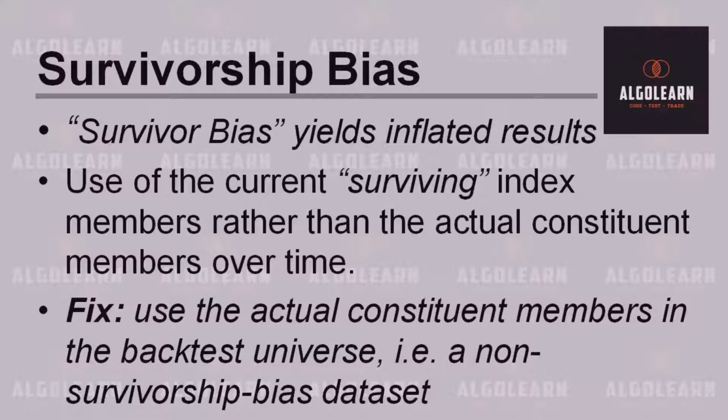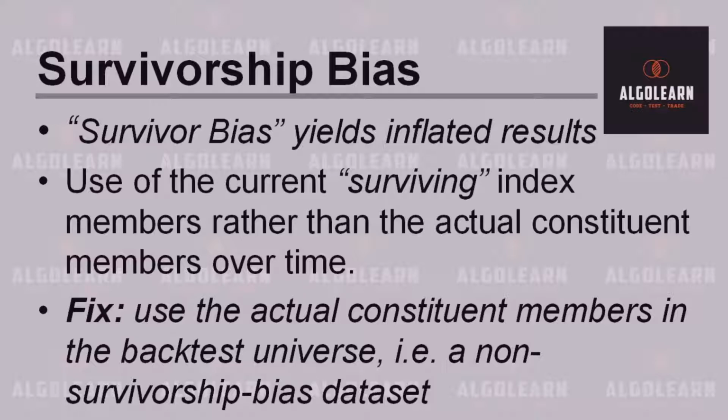If I were to go back and run our algorithm and backtest it back to 2008, which we've done in several of the sessions, you'll see that in one of the sessions we looked at the 200-day moving average to find out how many of the stocks in the S&P 500 are over their 200 day moving average.